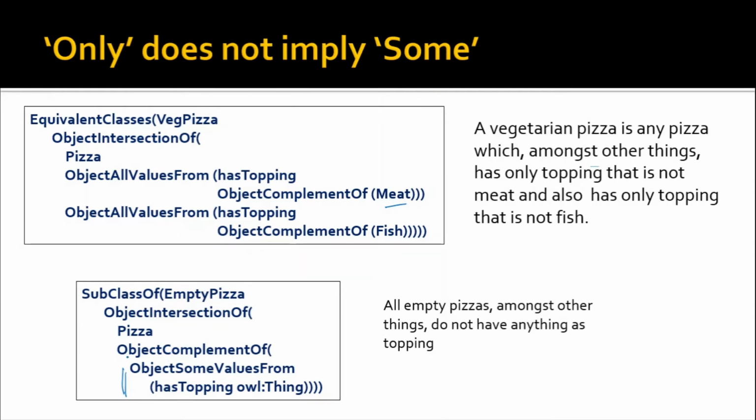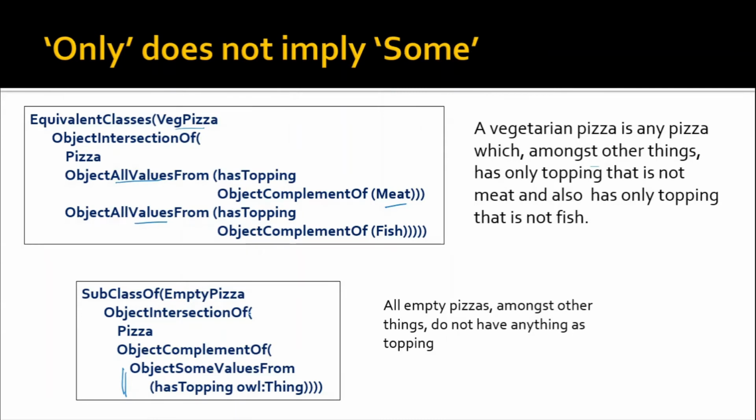So if we go by the semantics of all values from, even if your pizza, with this definition of the veg pizza, does not have any topping, this will also be satisfied. And here also we have the same kind of definition where we do not have any topping, right?